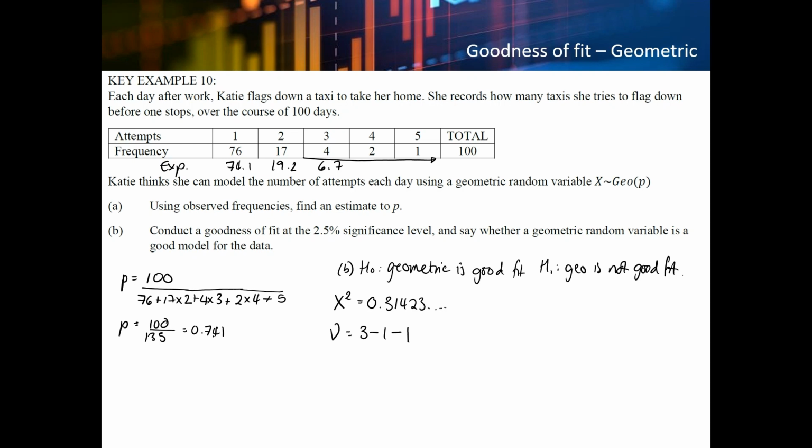Our chi-squared value then at 2.5% is 5.024. And so our x squared value is smaller than our chi-squared value. So we are keeping our geometric for now. So do not reject H0. Sufficient evidence that this is a good model.